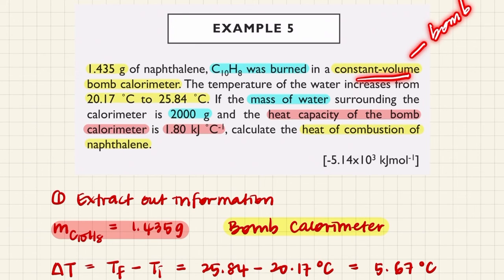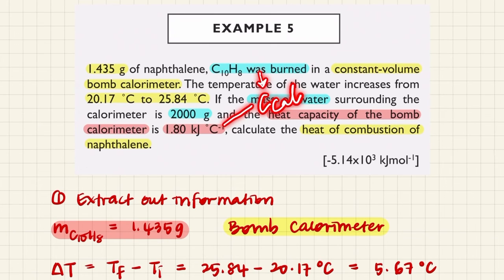Who will absorb the heat released from your reaction? The temperature of water increases from T initial to T final. If the mass of water surrounding the calorimeter is this, so this is the mass of water, and the heat capacity of bomb calorimeter is this, so this will be your C cal.